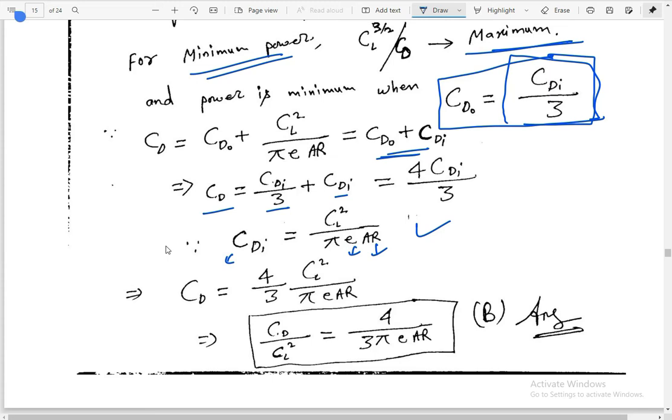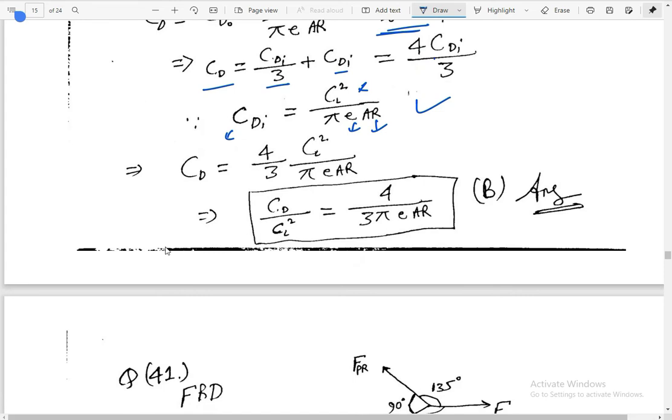So CD is equal to 4 by 3 times CL square by pi E AR, and finally CD by CL square is equal to 4 by 3 pi E AR. Checking here, it is option B.